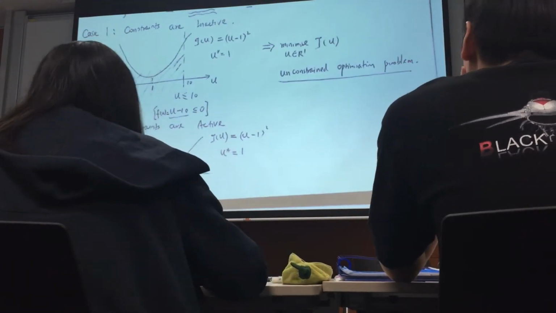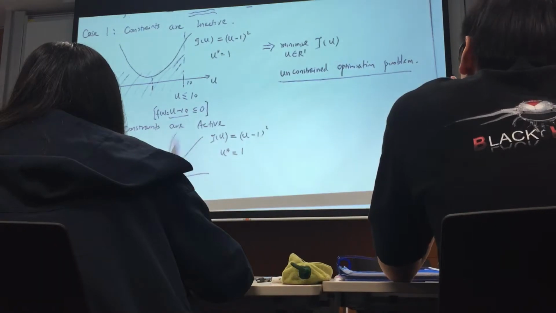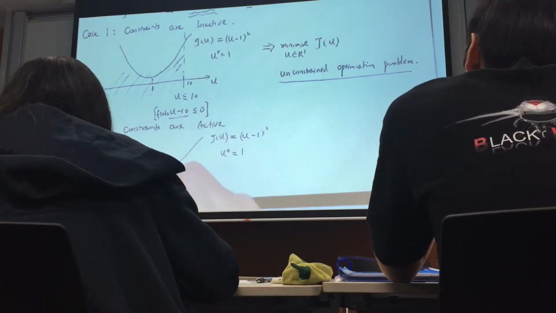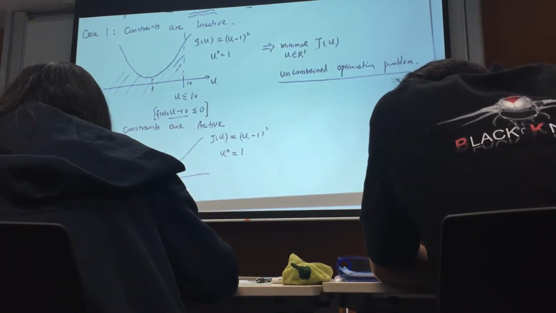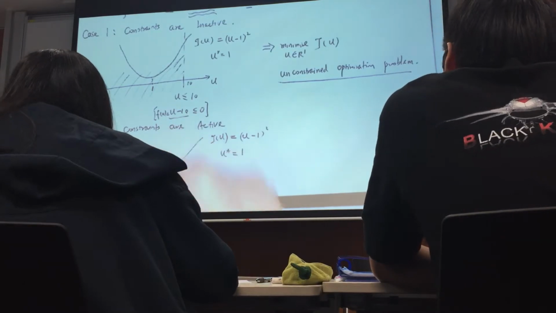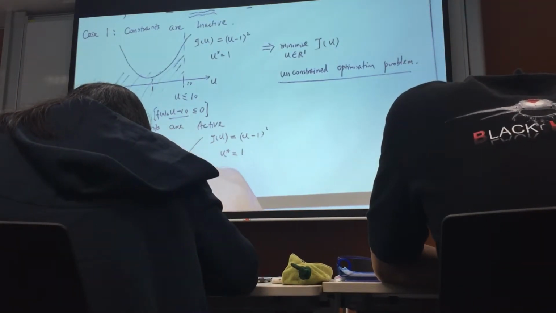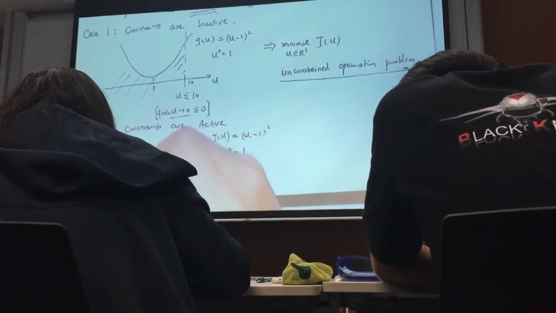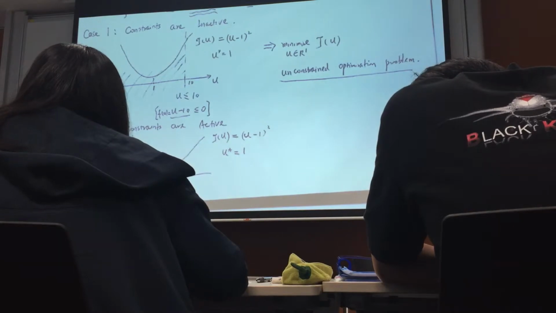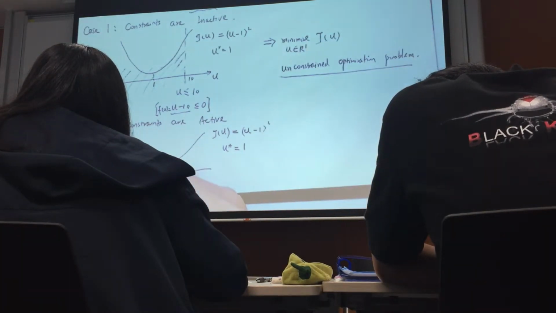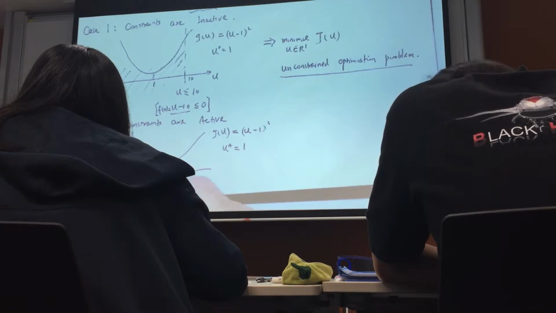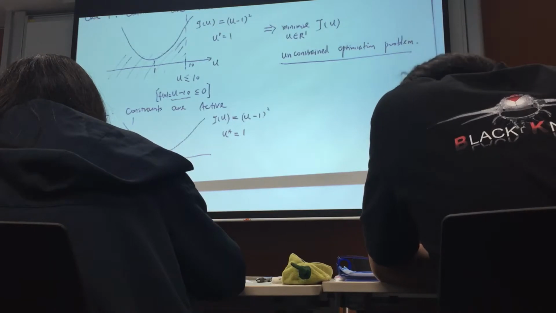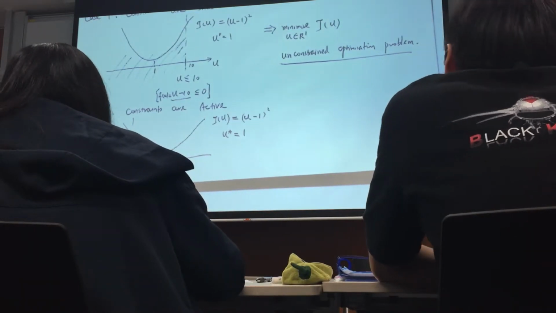But in this case, we define a different constraint. So for example, here assume it is minus 5. So now we define the control input in this way. So now we define u to be smaller than or equal to minus 5.